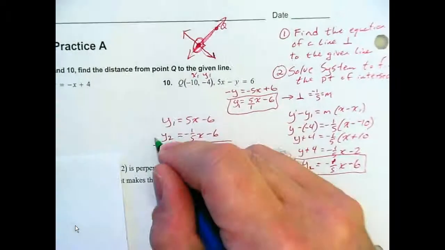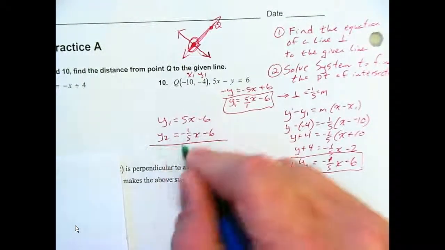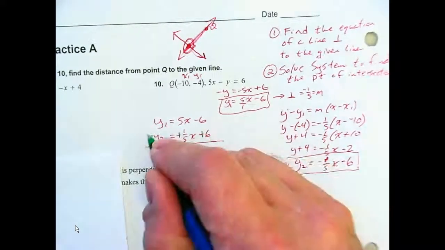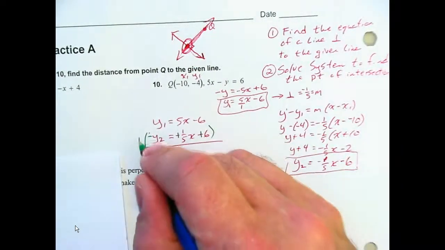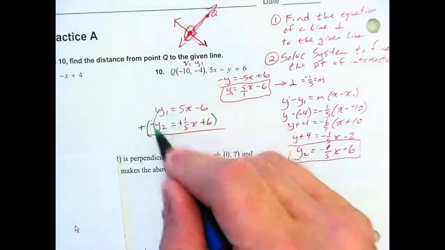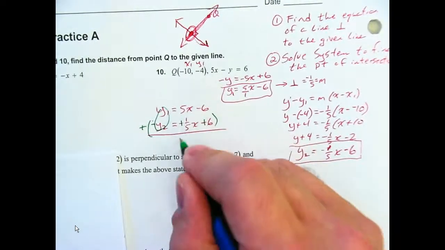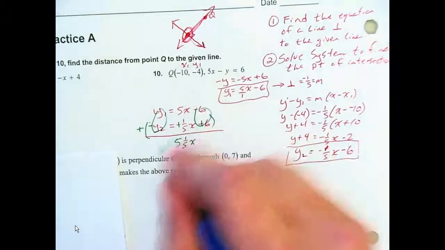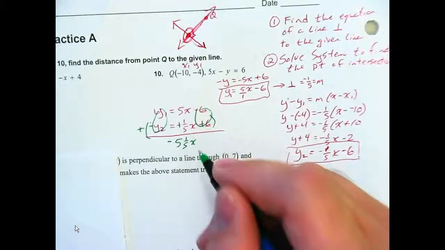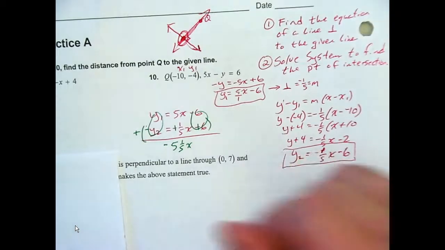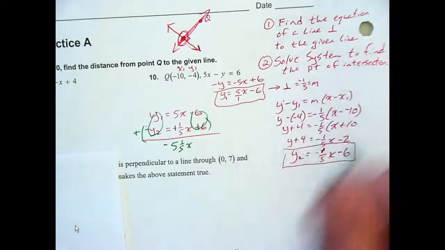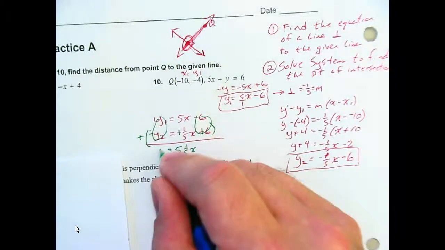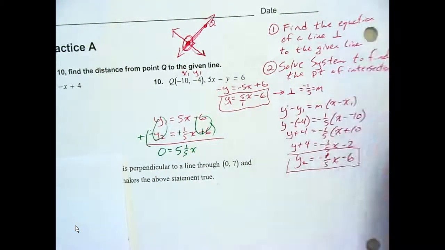Okay, if we add these, notice I don't have opposites yet, so I'm going to flip all the signs on my bottom one so I can now have opposites. I can add the two. This disappears. This becomes 5 1/5 x. And this becomes 0. Okay, so we get 0 equals 5 1/5 x.